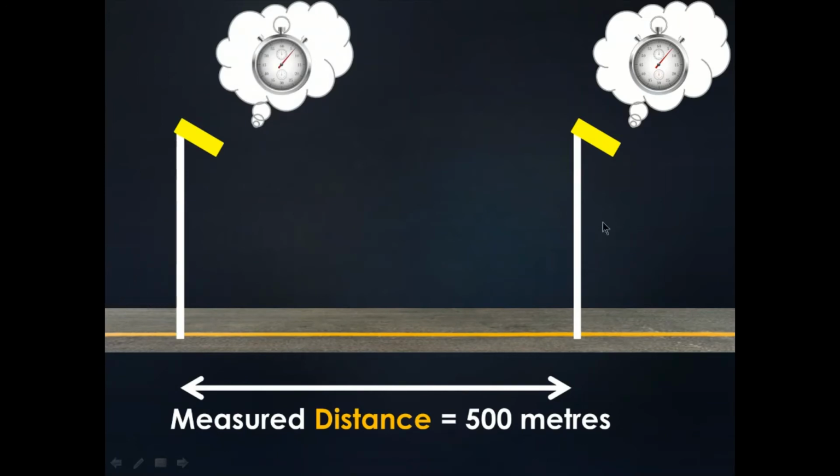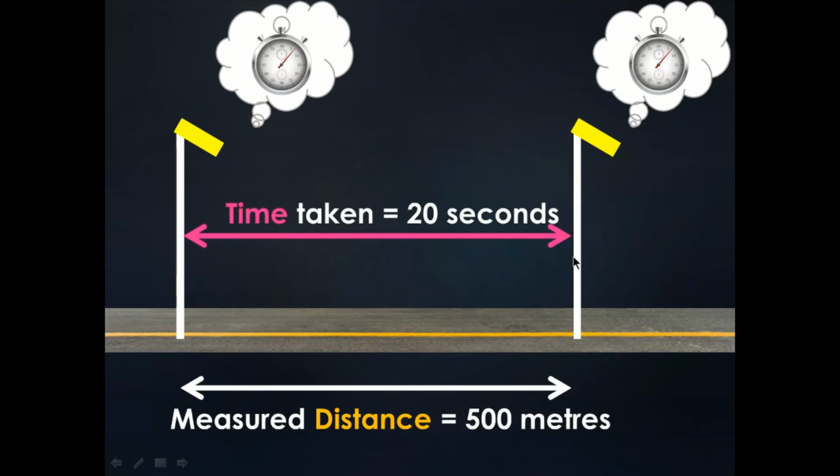The car passes the first average speed camera, and the timer starts. It then passes the second one, and the timer stops. So let's just say for this example that the time taken for that car to travel from here to here, 500 meters, was 20 seconds.